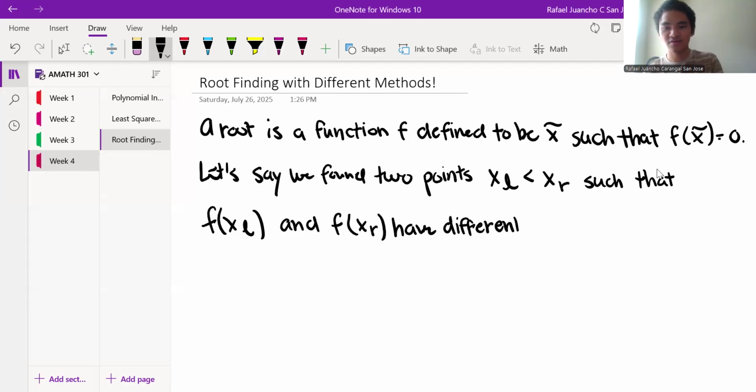What do we mean by different signs? Well, if f is continuous, then there must be a root in between these 2 points.